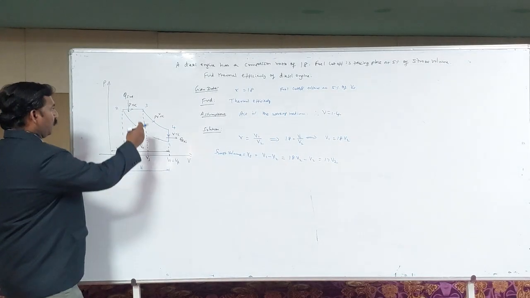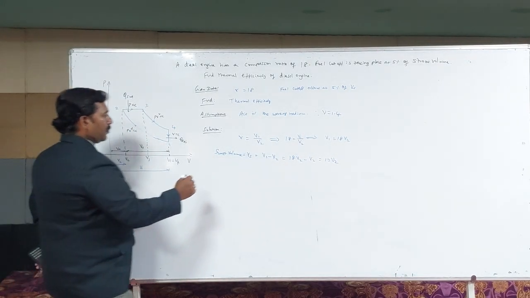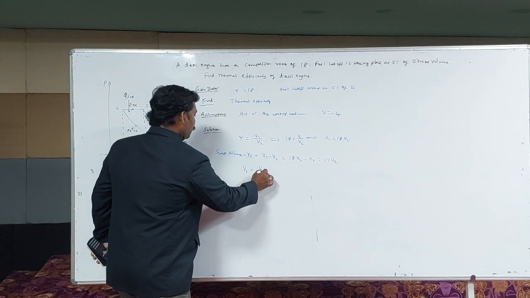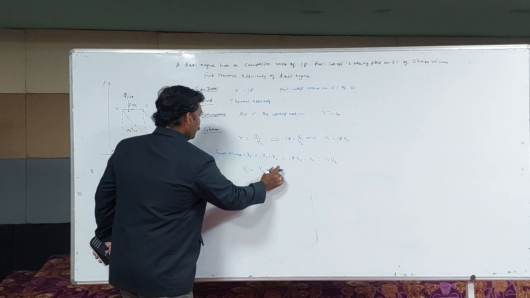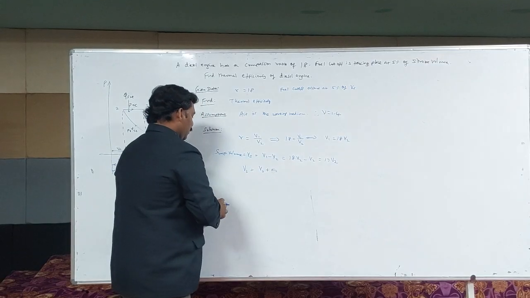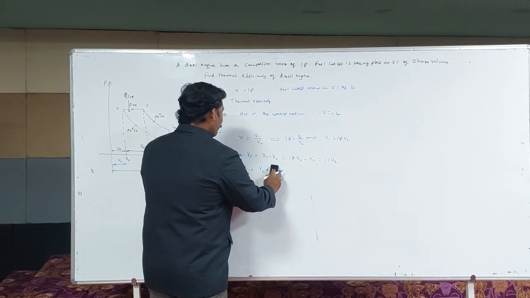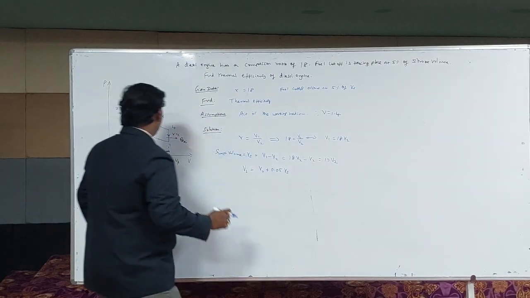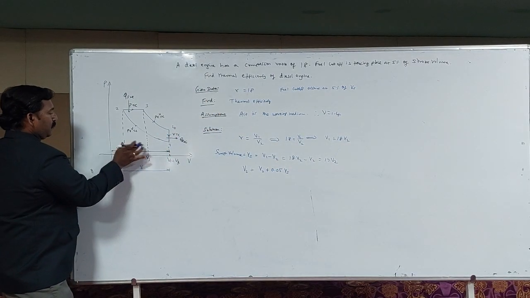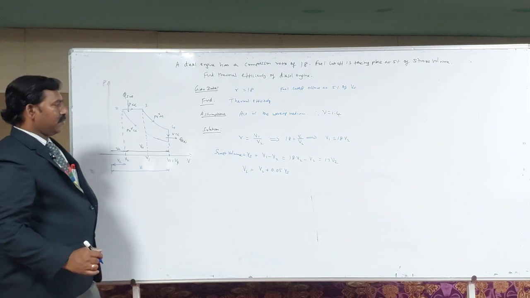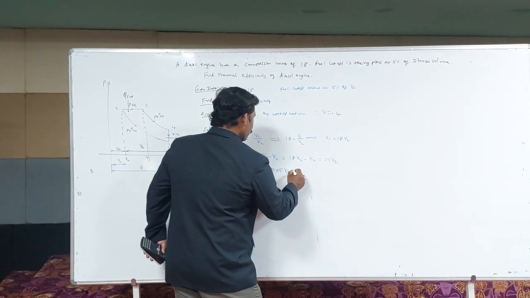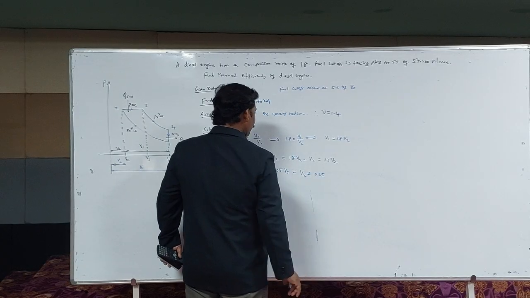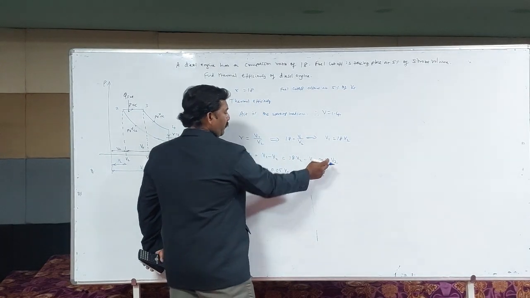So now we have to find out what V3 is. V3 is equal to V2 plus 5% of Vs, that is 0.05 times Vs. So this is V3: V2 plus 0.05 times Vs, and Vs is actually 17 V2.